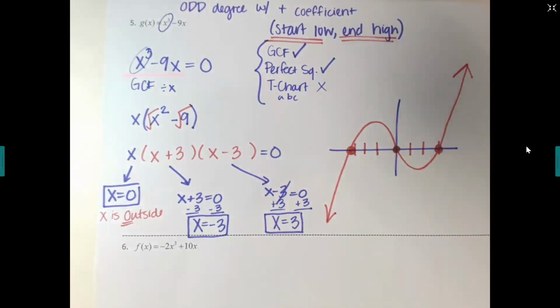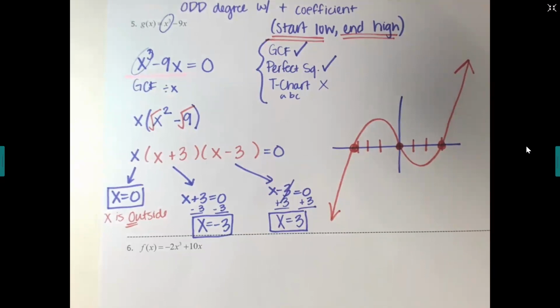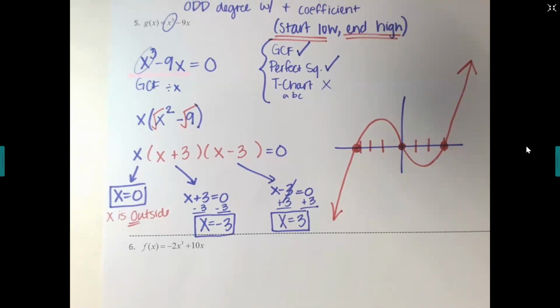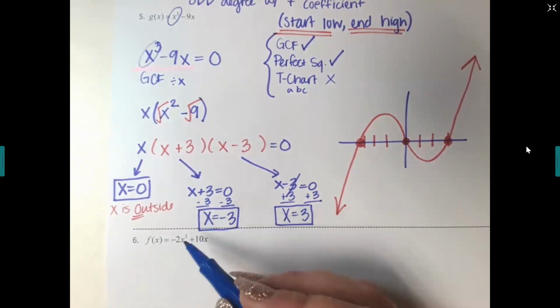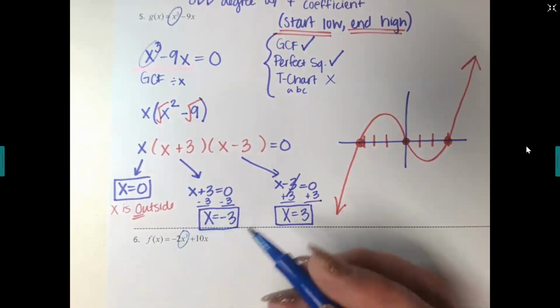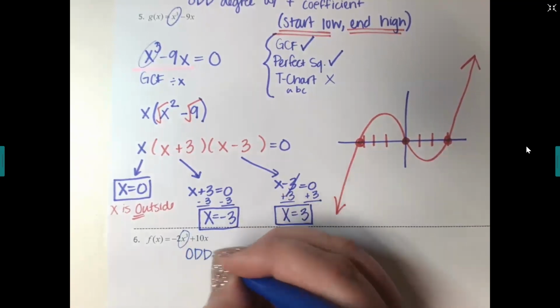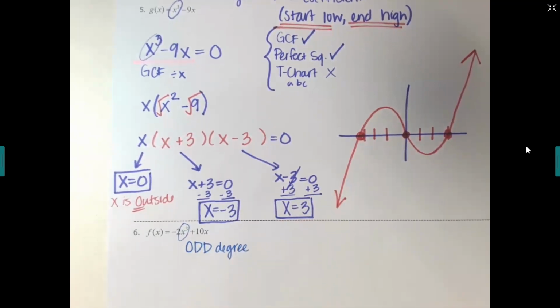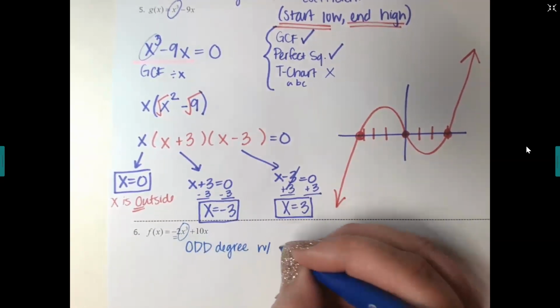All right, you guys are doing, I'm sure, great. One more example, the very last one. Take a look at number 6. First question that I would ask you if I was there in class is: is this an even or odd degree function? You would look at the equation and say, oh, x to the 3, that's odd. But then look at your leading coefficient. On that x cubed, it's a negative 2. That's a negative coefficient.